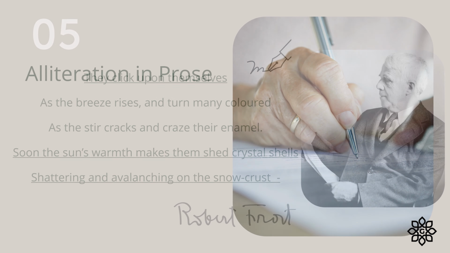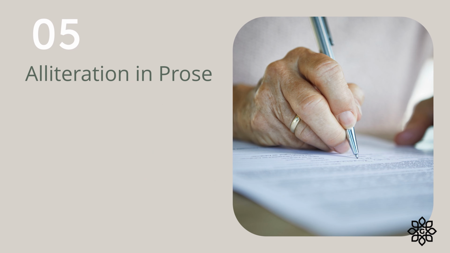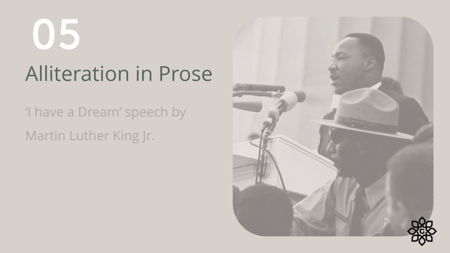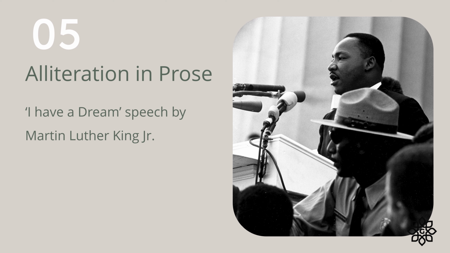Let us see an example for alliteration in prose. I'll read out a famous line from the I Have a Dream speech by Martin Luther King Jr. He was a social activist and Baptist minister who played a key role in the American civil rights movement.